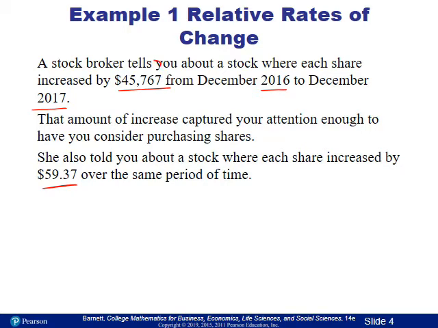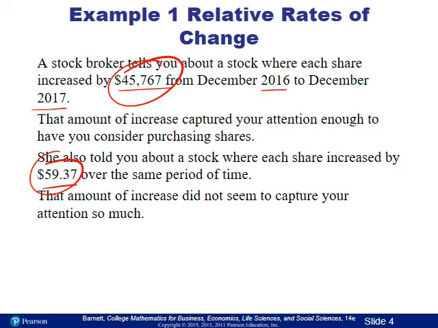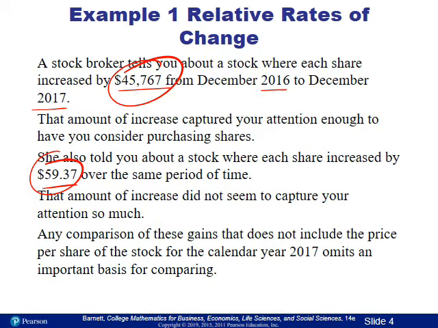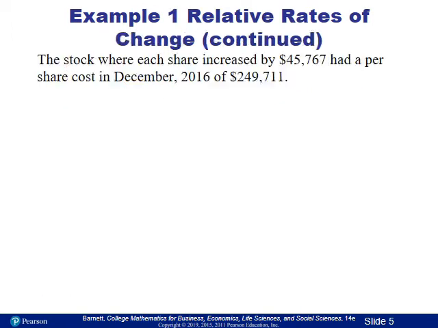Now you can see the difference of amount. That amount of increase did not seem to capture your attention so much. Any comparison of these gains that does not include the price per share of the stock for the calendar year omits an important basis for comparing. How can we compare these gains?